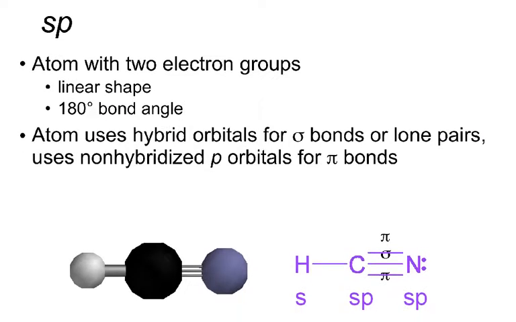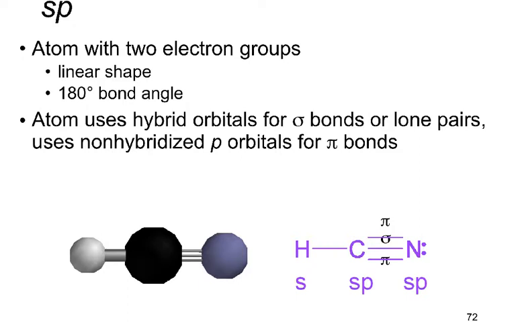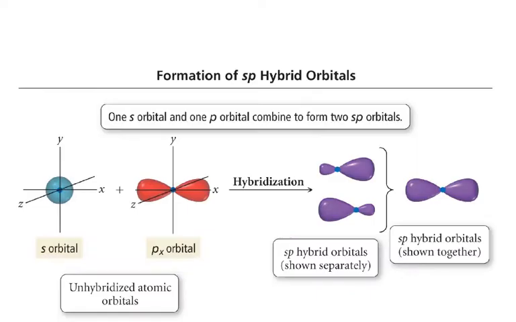All right, finally our sp hybrid. It's going to have 2 electron groups, a linear shape, 180-degree bond angle, and we're going to have 1 sigma bond and 2 pi bonds, because we're using 2 non-hybridized p orbitals. So 1 s orbital, 1 p orbital form this hybrid, which you can see leads to the 180-degree bond angle.